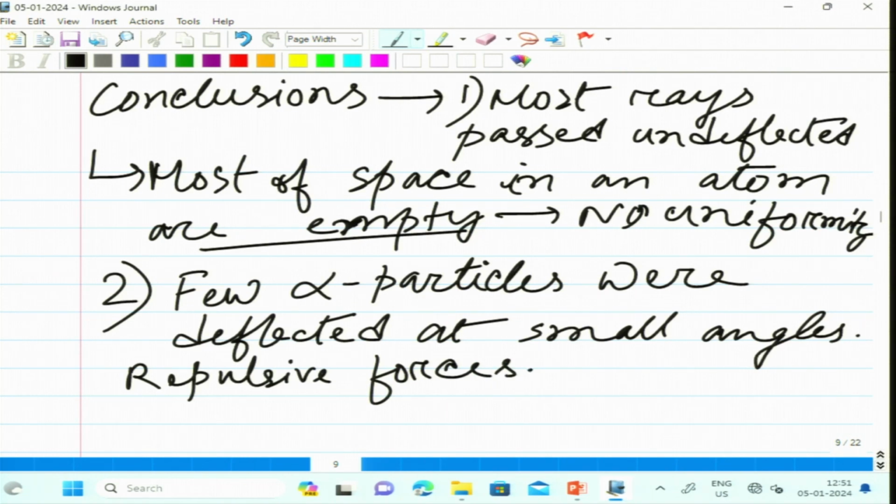If some of them pass through the gold foil undeflected, that means they passed through empty space. They didn't have any barrier on their way, they didn't collide with any other particle. So, they could pass undeflected. So, most of the space in an atom is empty. But some rays were deflected at certain angles.